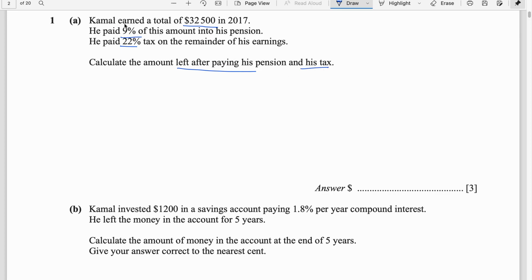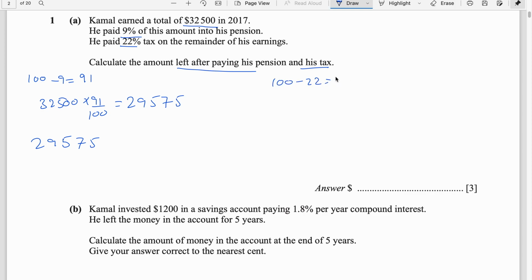So if he has already paid 9%, that means he's left with 91%. So 91% of 32,500 is 29,575, and of this amount he pays 22% tax.